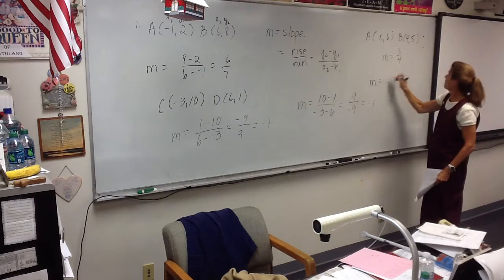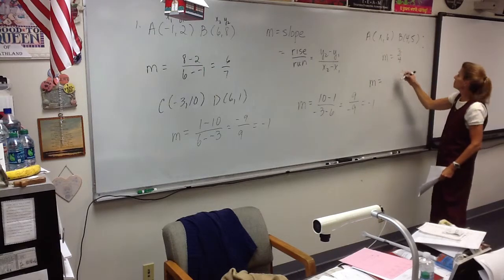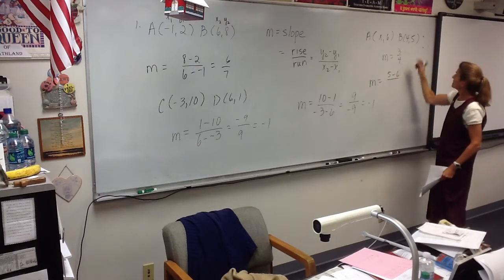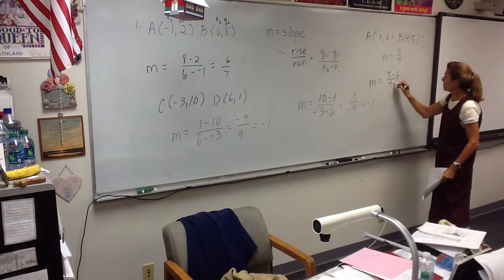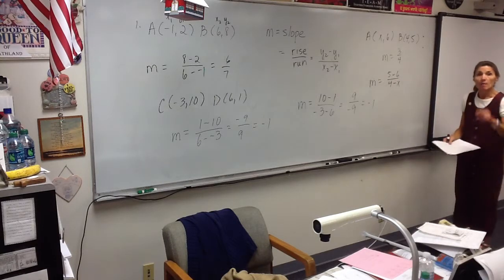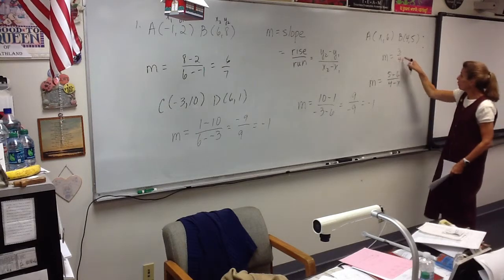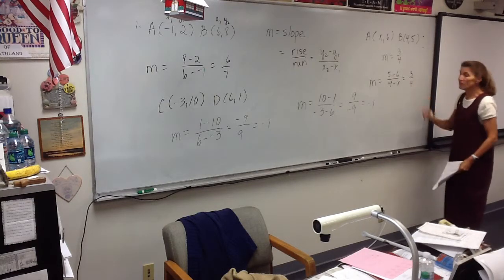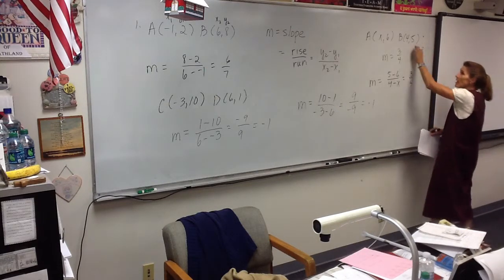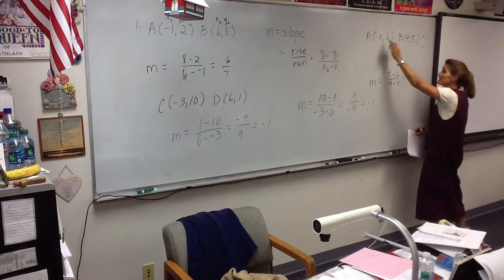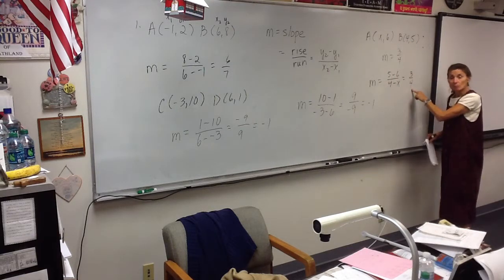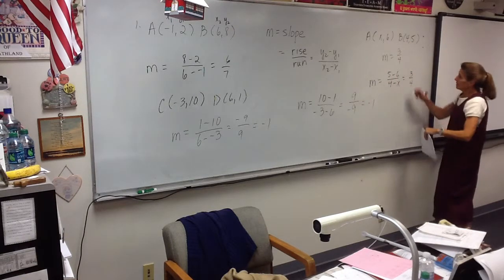So the slope of these 2 points would be 5 minus 6 over 4 minus x. But they told me that the slope is 3/4. So if I do 5 minus 6 over 4 minus x, I'm going to get 3/4.